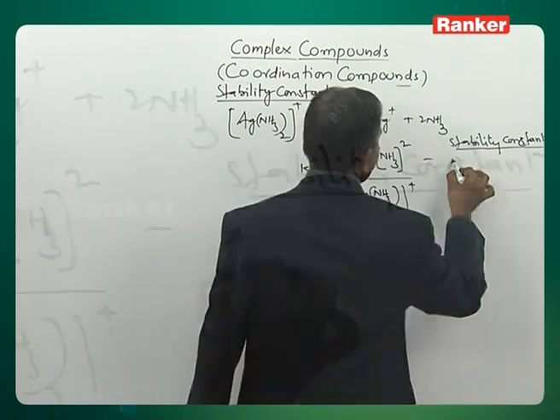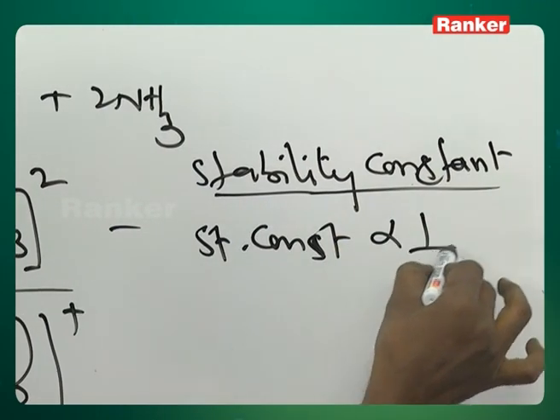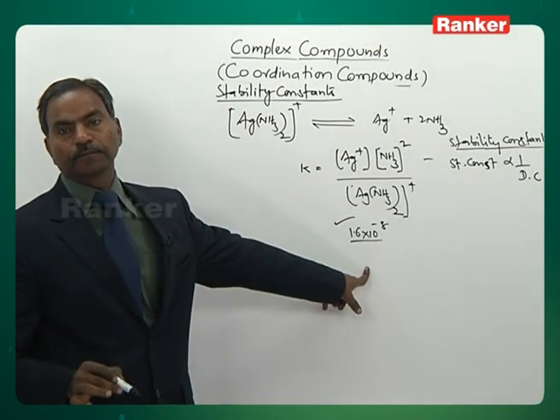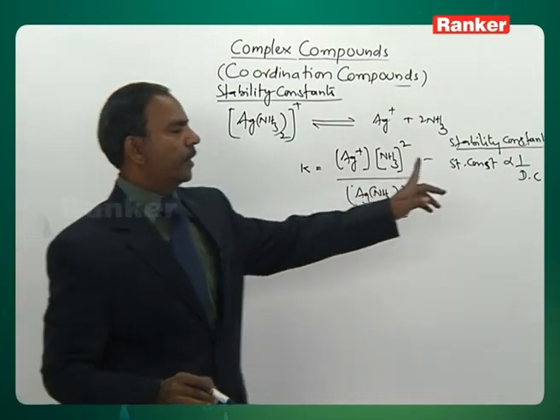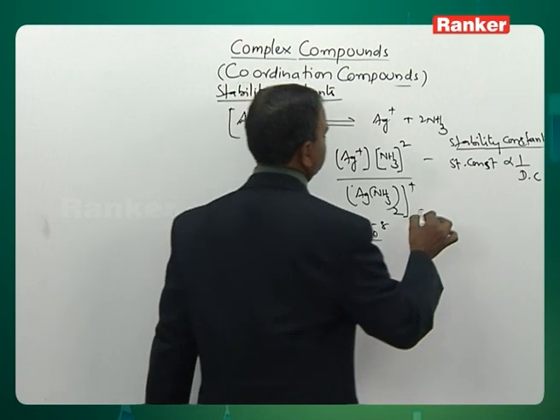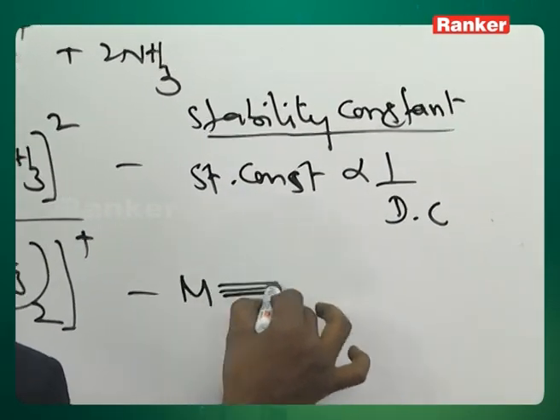Stability constant is inversely proportional to the dissociation constant. What is said? If the dissociation constant is very small, stability is more. So, stability constant is inversely proportional to dissociation constant. Next, it is also a measure of metal-ligand bond strength.